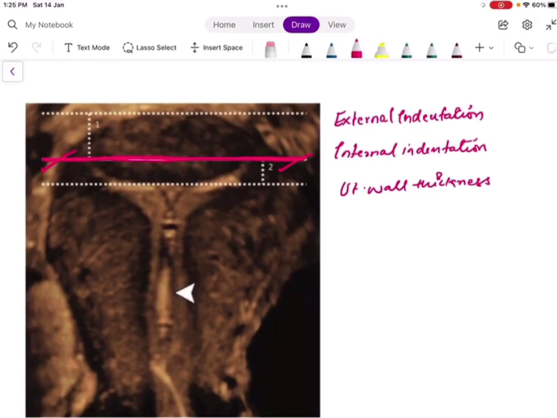Then another line passes through the uppermost part of the uterine fundus. The distance between these 2 lines is actually the uterine wall thickness.